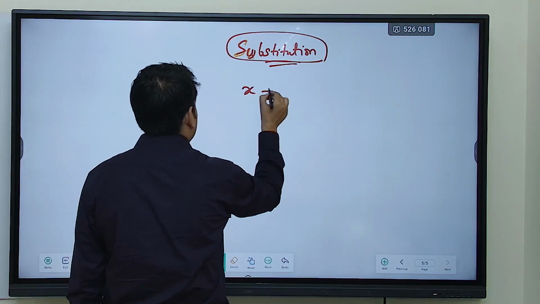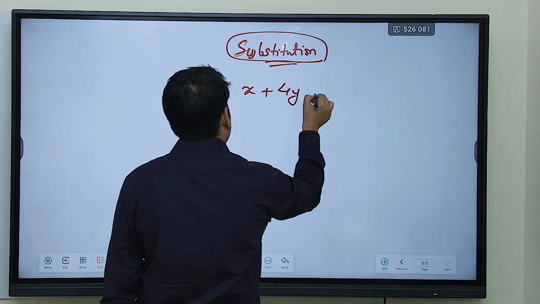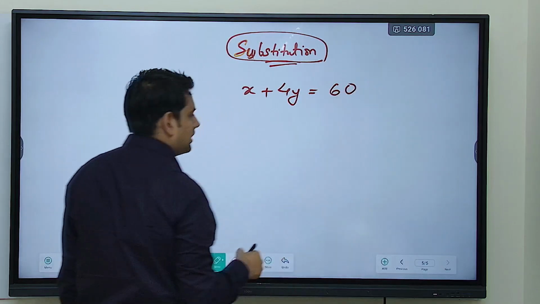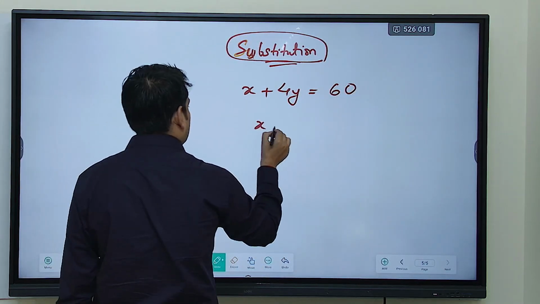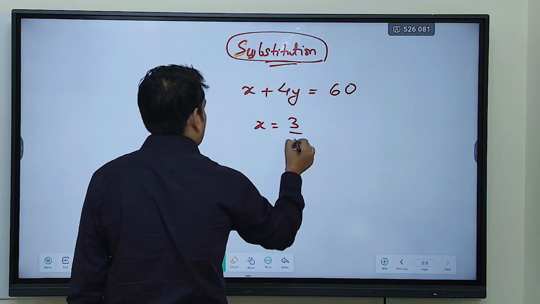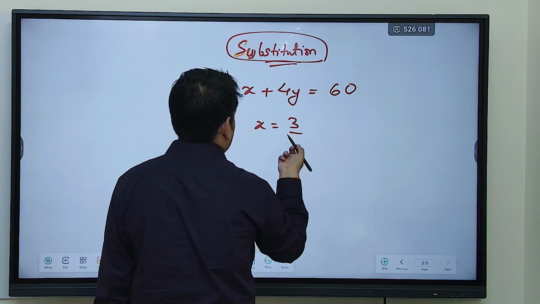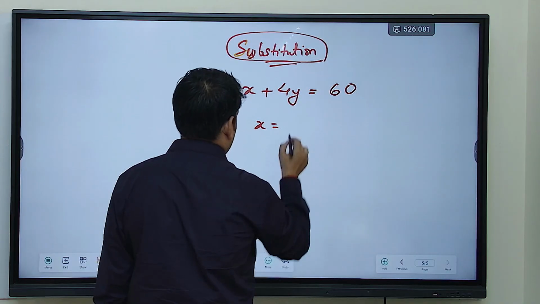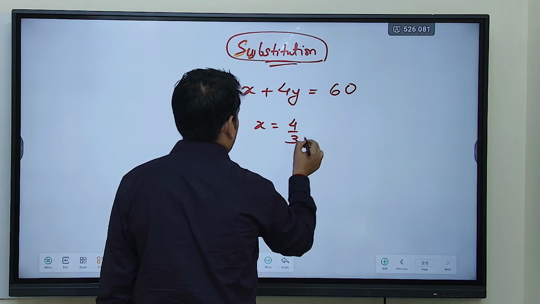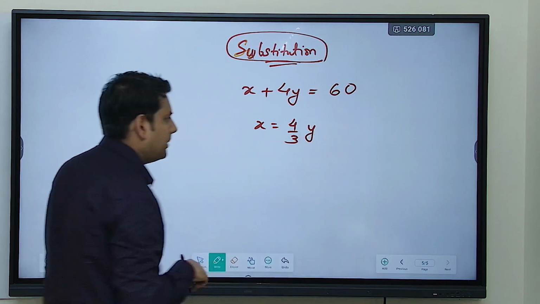Now when you need to use substitution is in cases like this. Let's say x plus 4y is equal to 60, and it is given to you that x is equal to 8 by 3y.